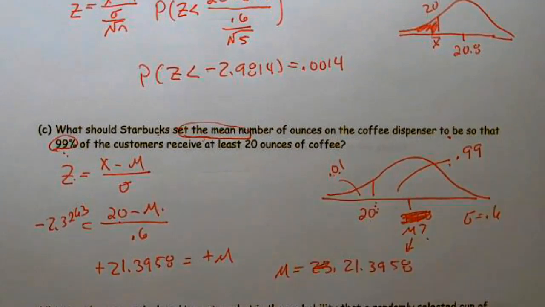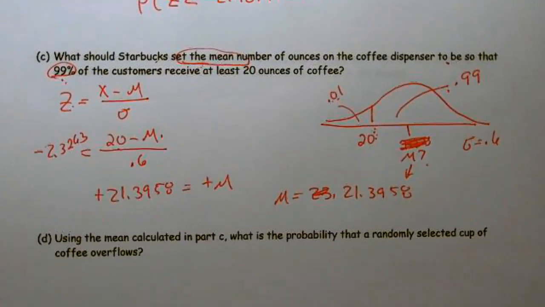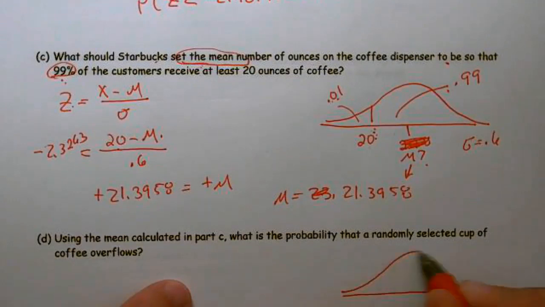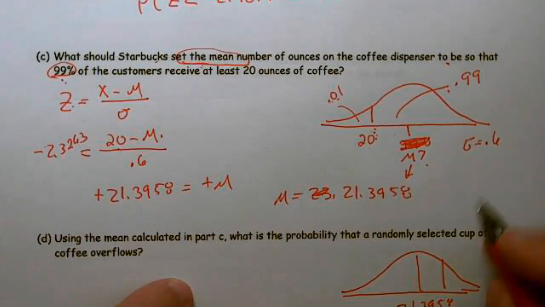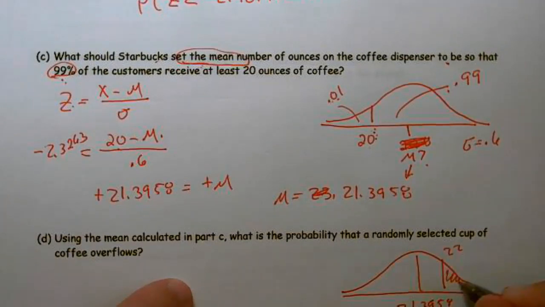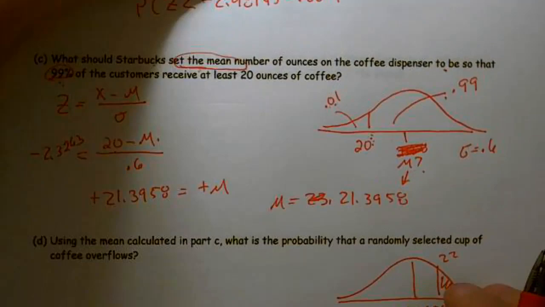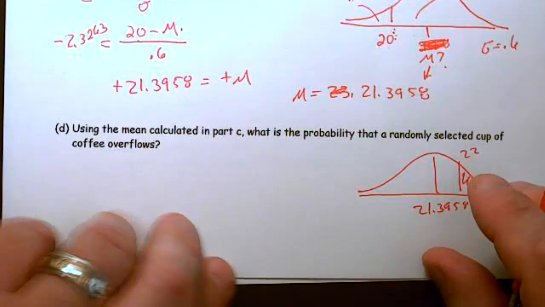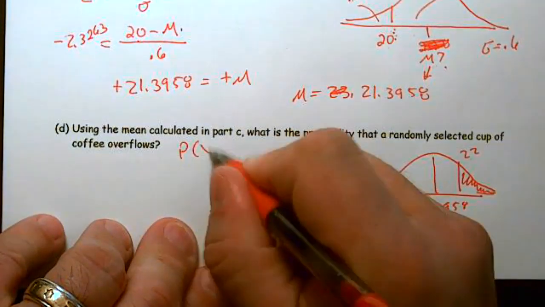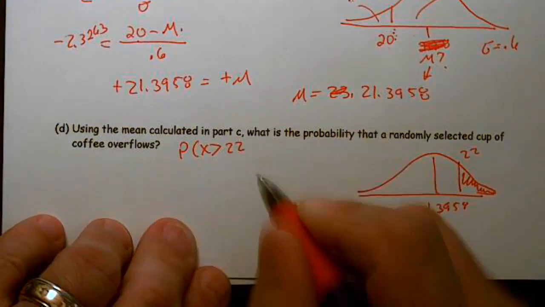Okay. All right, so using the mean calculated in part C, what's the probability that a randomly selected cup overflows? Well, we have a new mean, 21.3958. And if we have more than 22 ounces, we're overflowing. So what we're looking for is the probability that X is greater than 22.